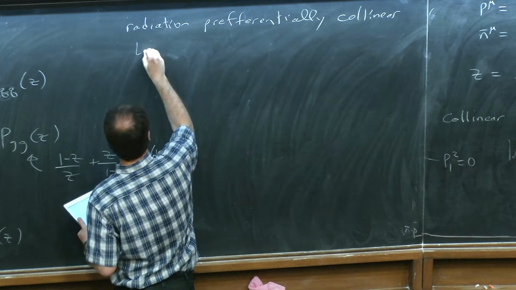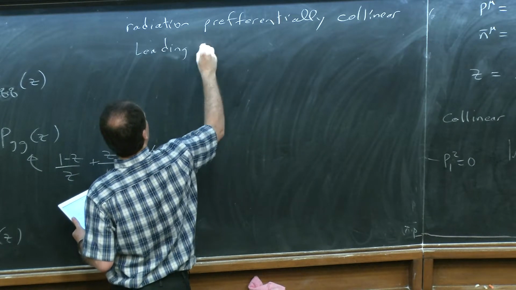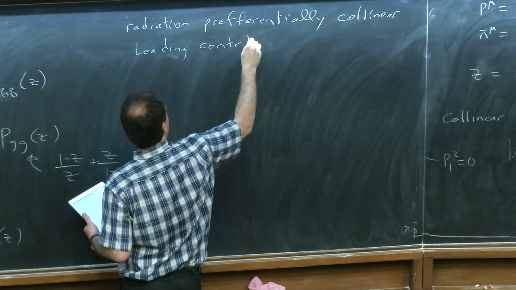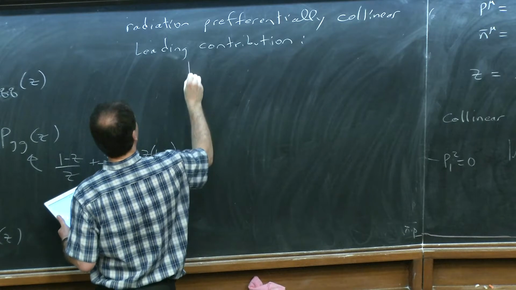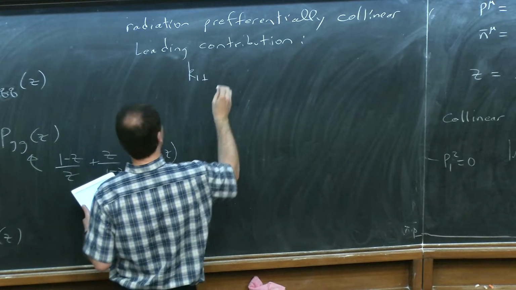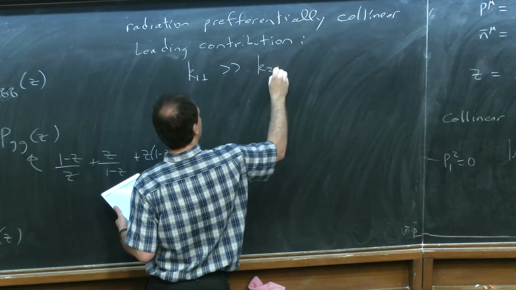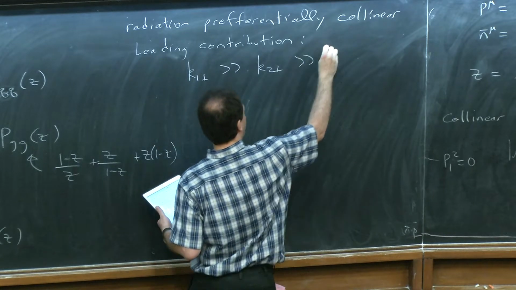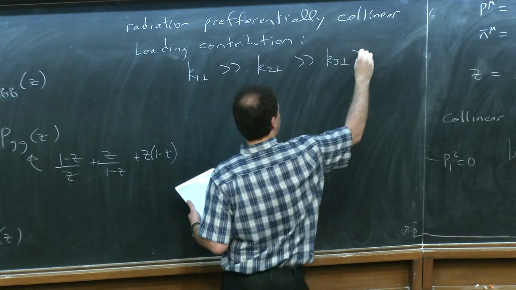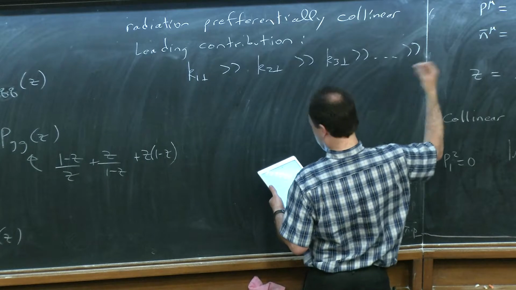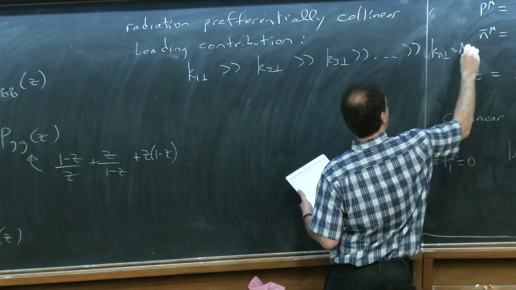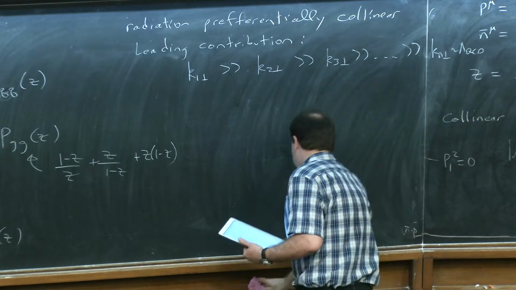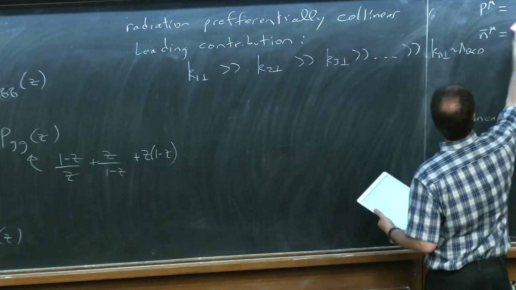And if you ask about the leading contribution, it actually comes from what's called a strongly ordered limit. So if I started with some k1 perp, and then I had a second emission at some much smaller k perp, et cetera, down the line, until I get to some k perp, the nth one, which is, say, of order lambda QCD, and then there I better stop because that's when hadronization is going to happen.